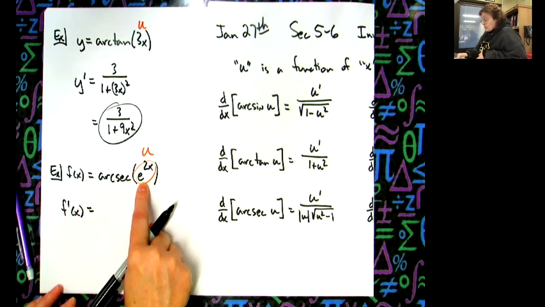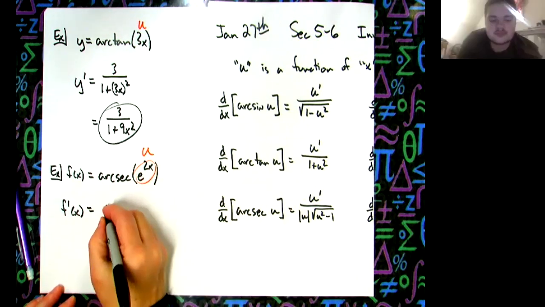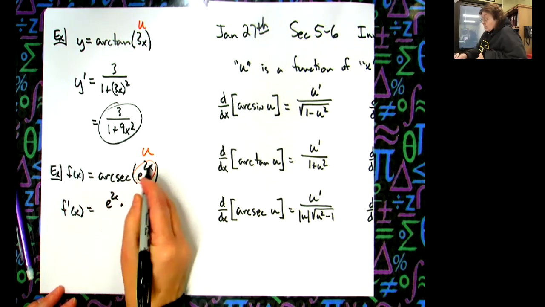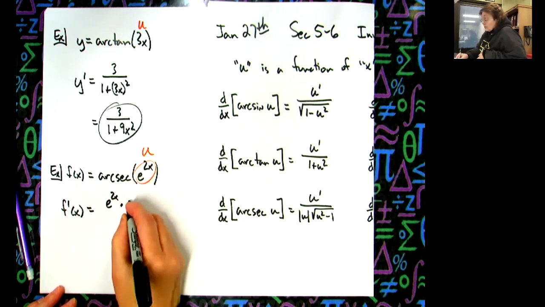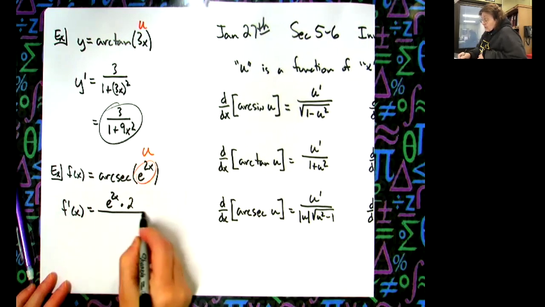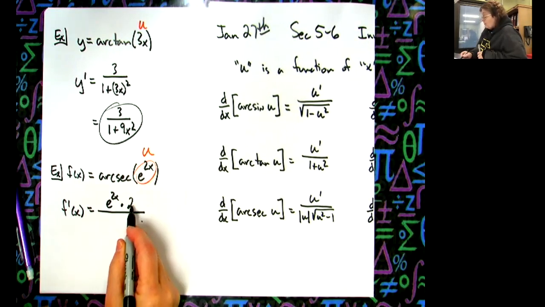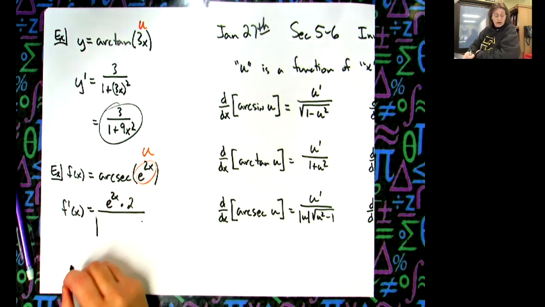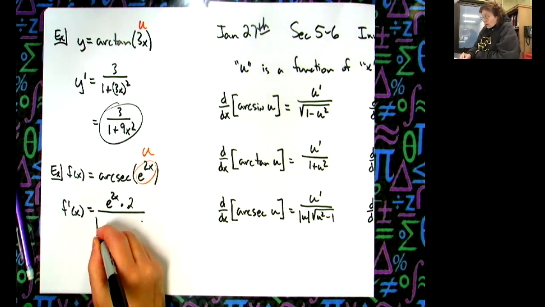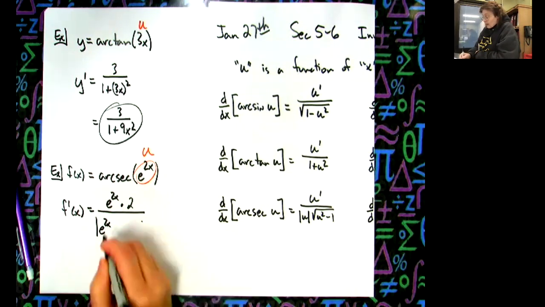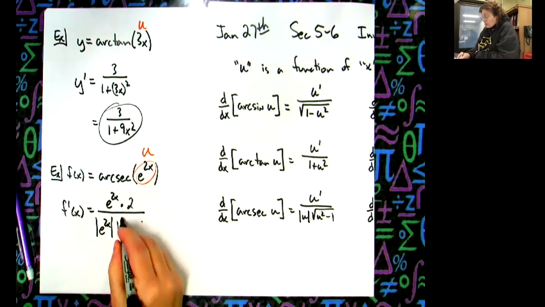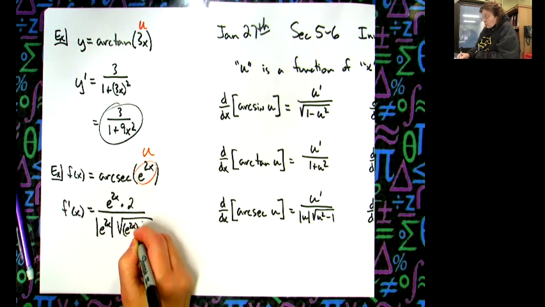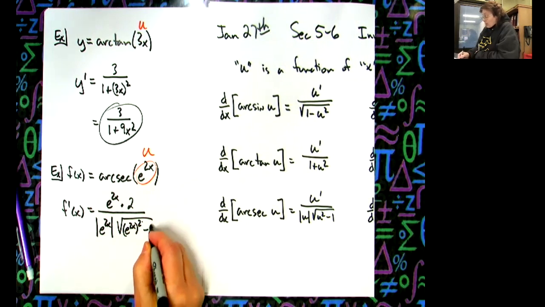I'm going to show some more steps here: e to the 2x times the derivative of that 2x, which is just a 2. So there's my e to the u prime for the derivative on top. Then absolute value of e to the 2x, absolute value of my u, and then square root of e to the 2x squared, and then minus 1.